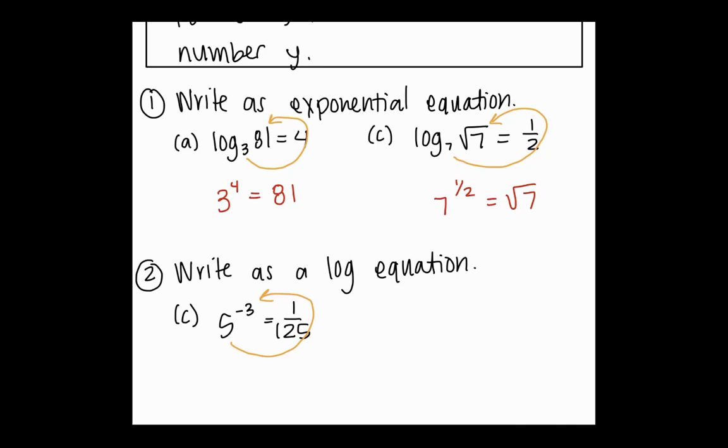This would be the same thing as saying log base 5 of 1 over 125 equals negative 3. So the answer to the log equation should always be the exponent of the exponential equation. So the answer to a log is the exponent. Any questions on C?